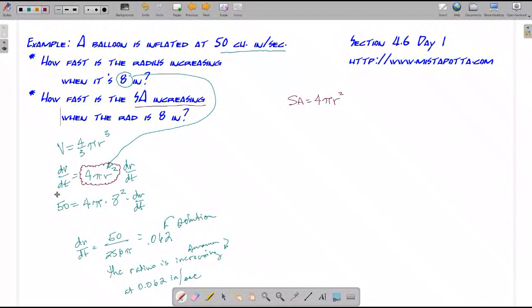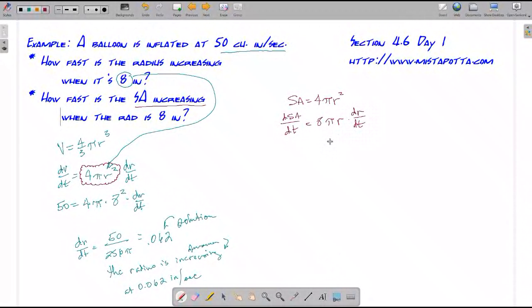That surface is where it's going to change. So my surface area is 4 pi r squared, and I want to take the derivative with respect to t. So I'm talking about the change in surface area over time is equal to 8 pi r times the change in radius over time.